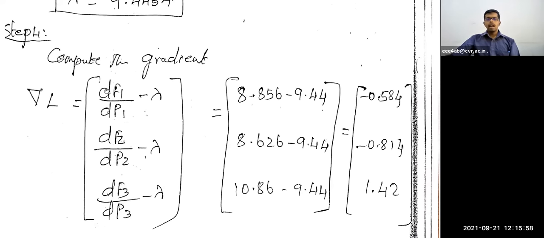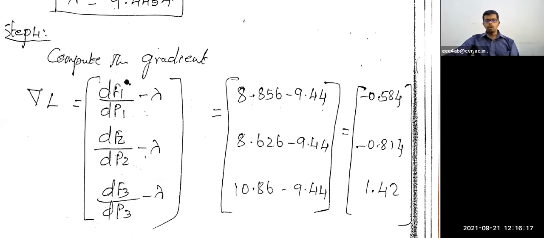Okay, so suppose, for example, you forgot how to derive del L. No problem, just frame the Lagrange's equation. Then from the Lagrange's equation you can easily calculate dou L divided by dou Pi.